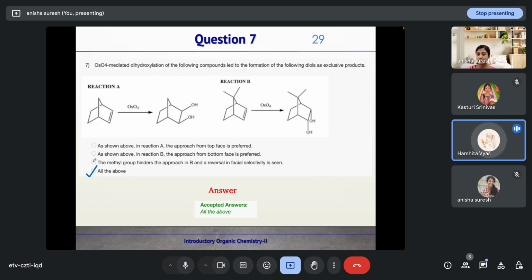Ma'am, what is NMO? N-methyl morpholine N oxide. Okay. I will draw the structure like this.